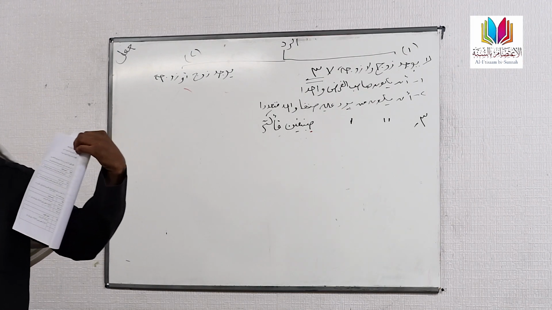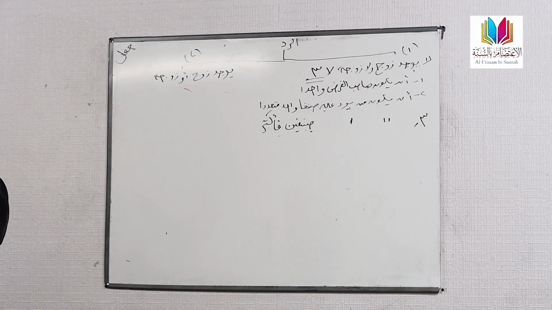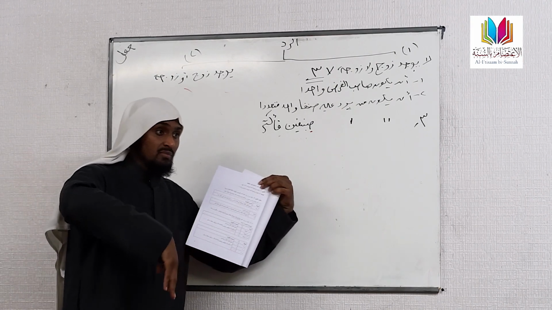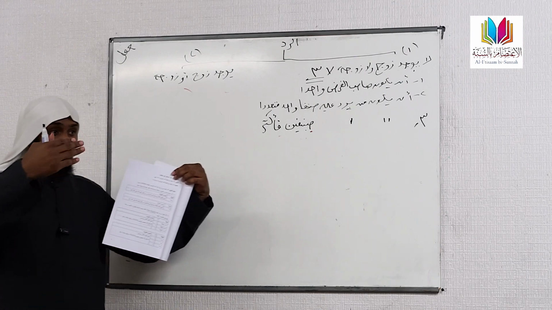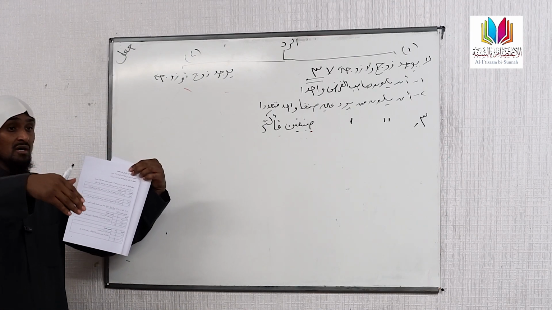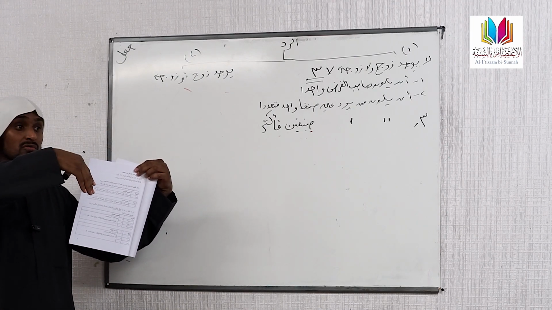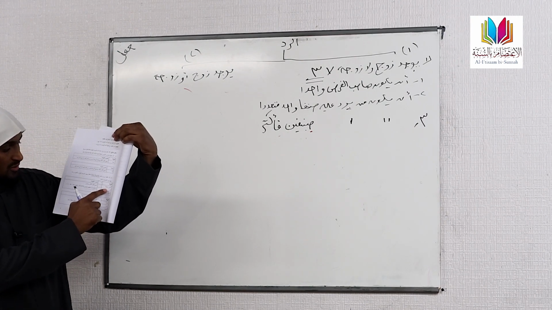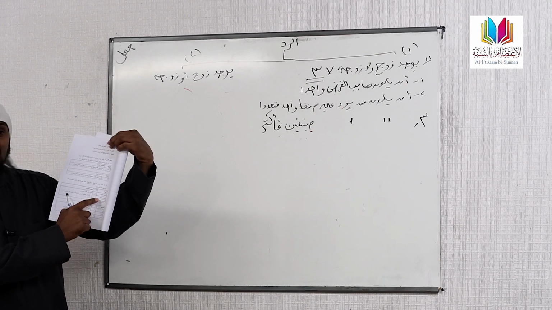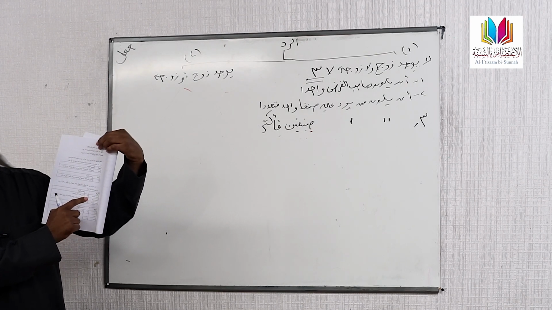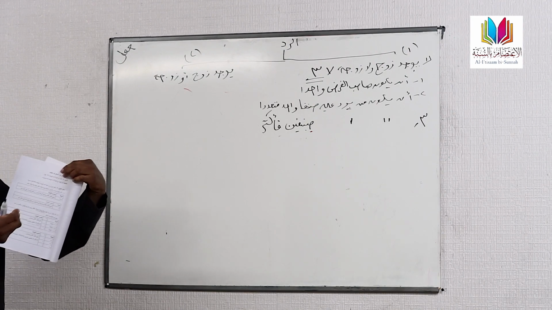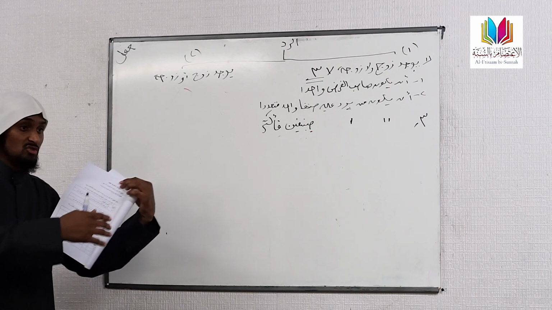When there's more than one sahibul fard, however, that person is more than them, and they're coming from the same direction. 2 sisters, 3 sisters, 4 sisters, 5 sisters, or 5 daughters, whatever they may be. So that's why here you've got ukht shaqiqa. If there's 3 of them, the asl mas'ala is going to be what? 3. We're going to split the wealth into 3 portions and distribute it amongst them.